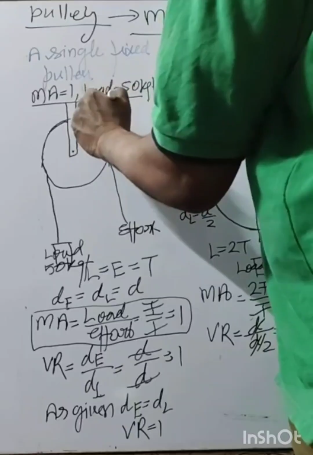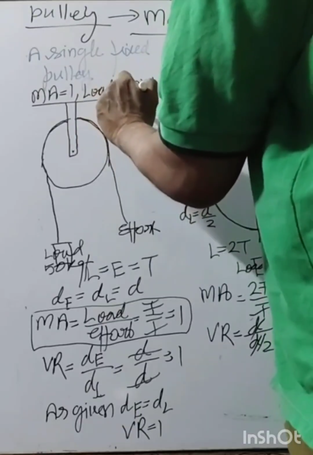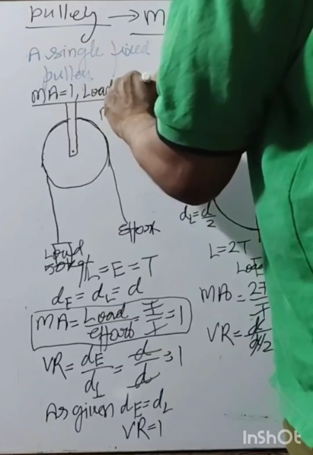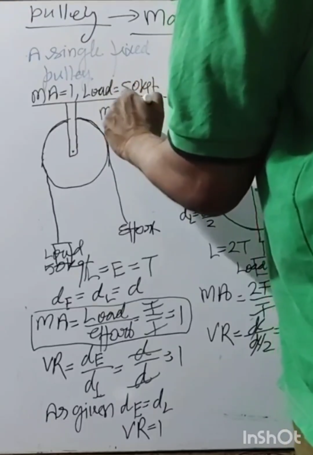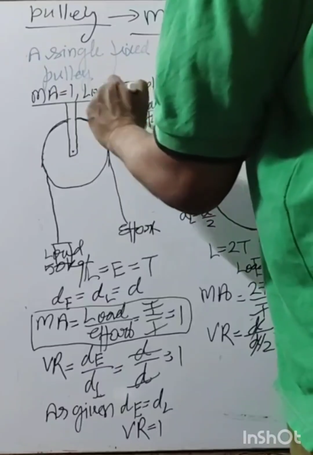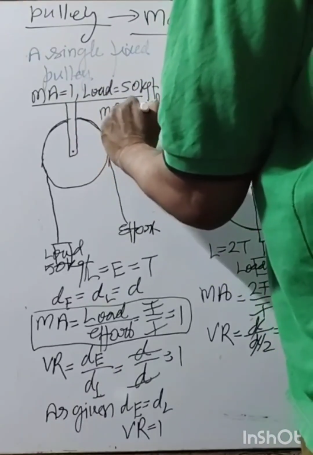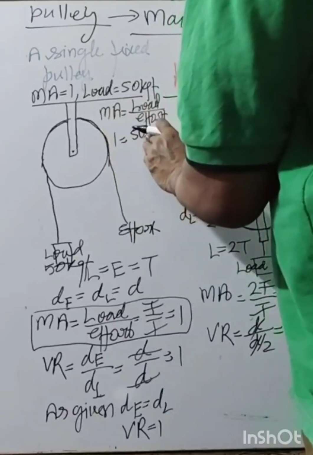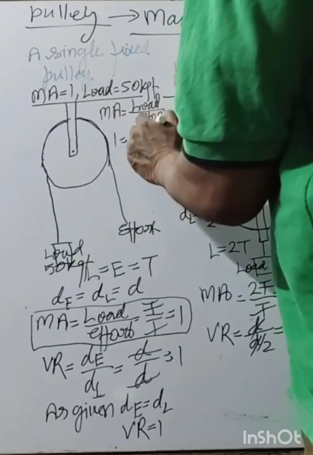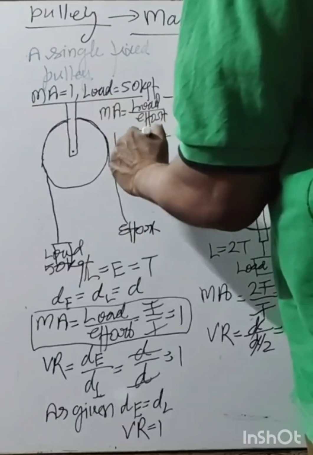So mechanical advantage is equal to load upon effort. So 1 is equal to 50 kgf upon effort.